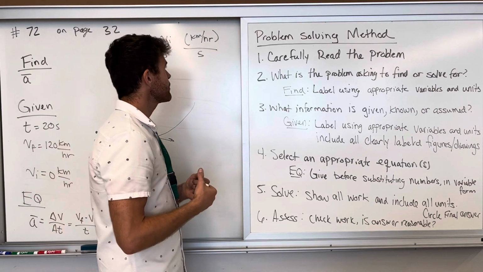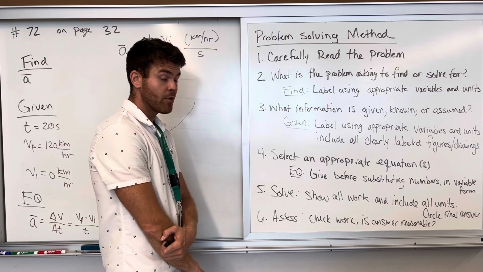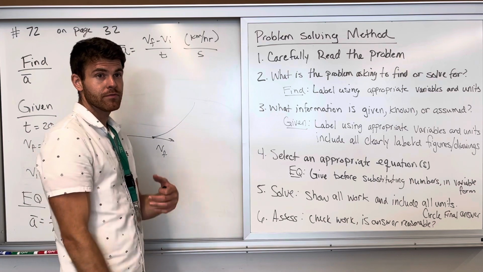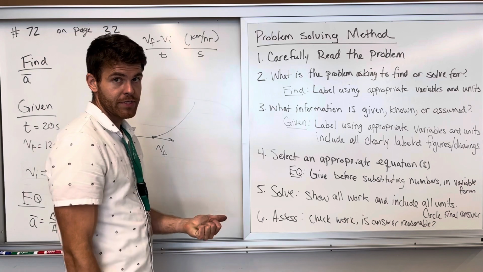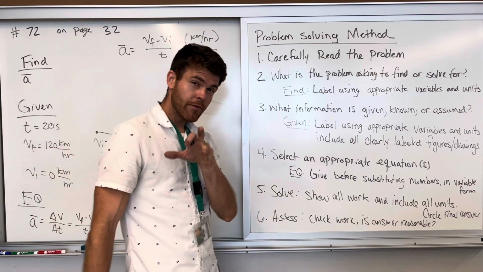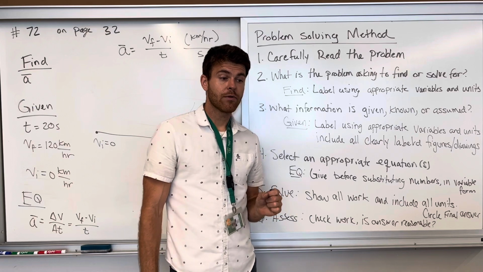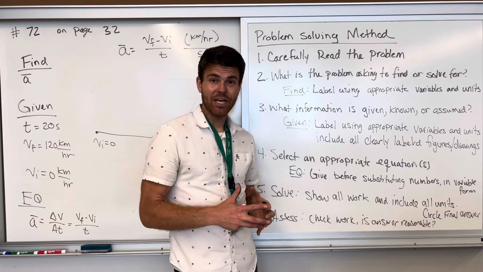And so the standard for acceleration is meters per second squared. So I'm going to go ahead and convert velocity from kilometers per hour to meters per second. Now, if you converted time to hours and found the acceleration in units of kilometers per hour squared, is that incorrect?